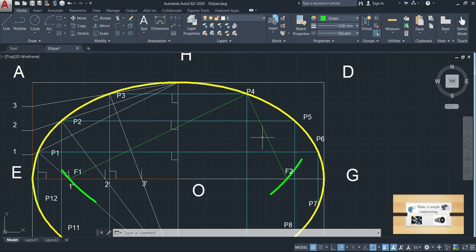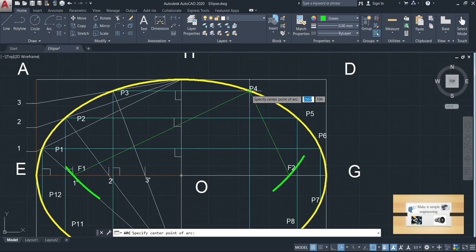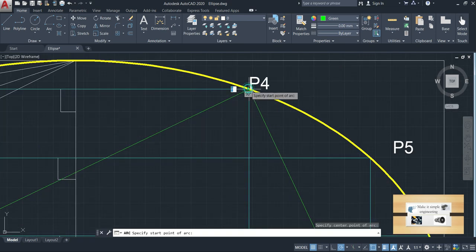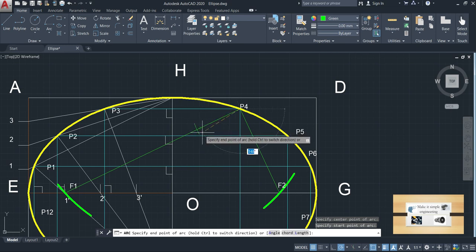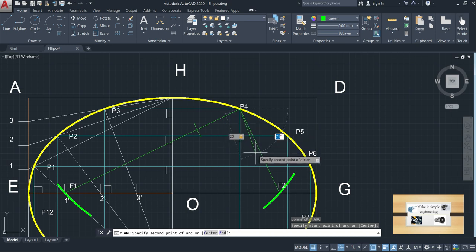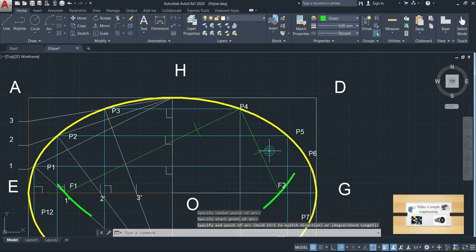For drawing the normal and the tangent, I have to bisect the angle F1, P4, F2. For angle bisection, I have to take a compass. By means of the compass, draw an arc with any distance. Let's say the distance is 20 mm here, and with the same 20 mm distance, I'm going to mark an arc here also.